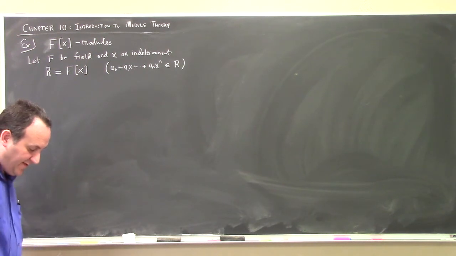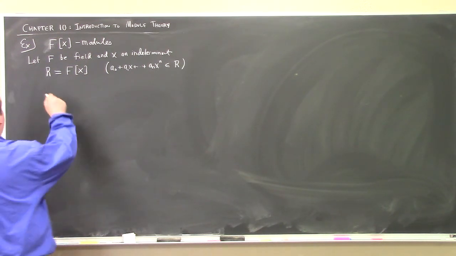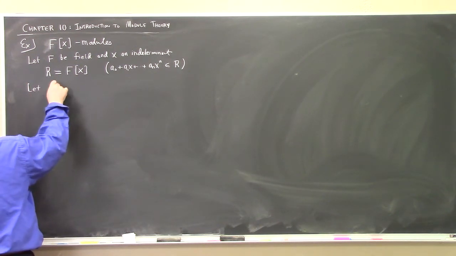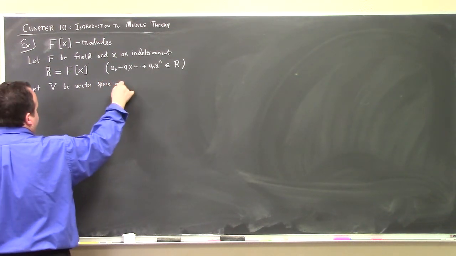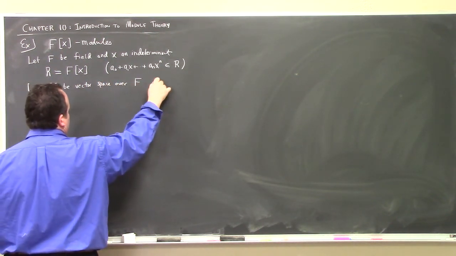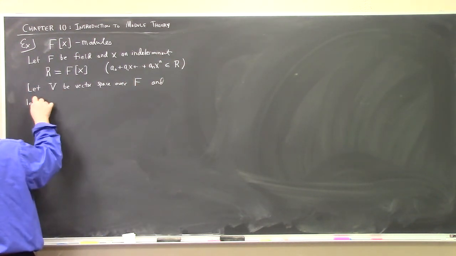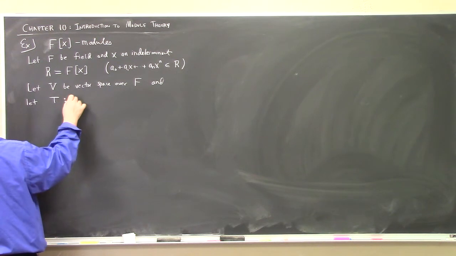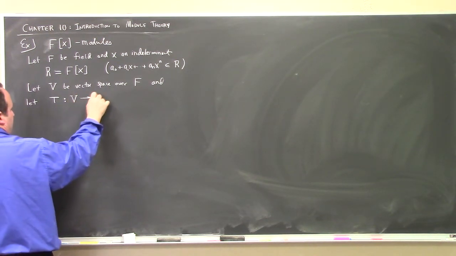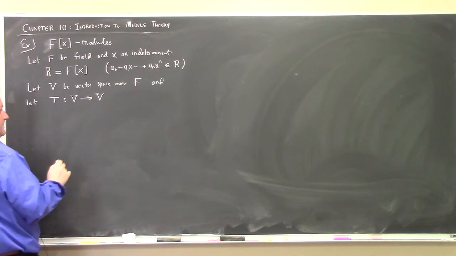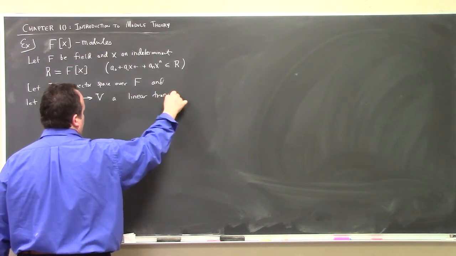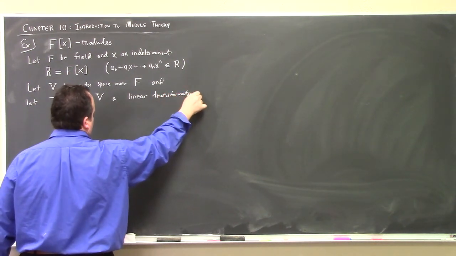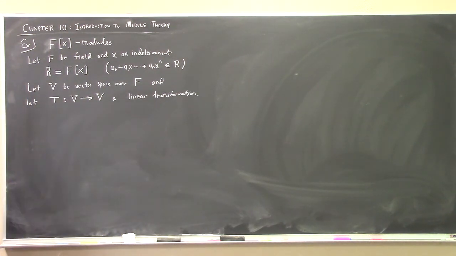And he says, let V be a vector space over F, and let T be an endomorphism of the vector space, which is just fancy linear algebra speak for: let T be a linear transformation from V to V. What's the module?